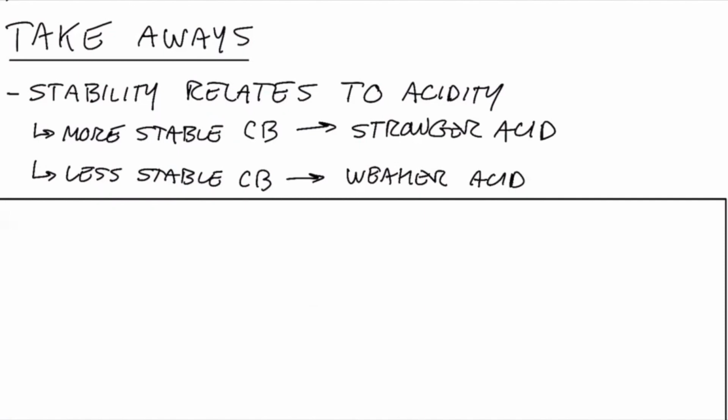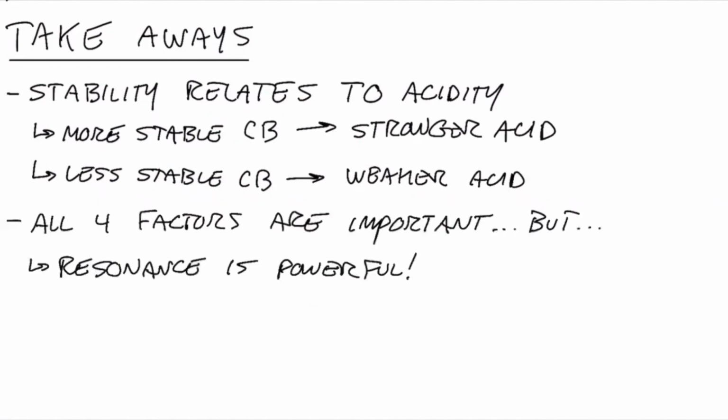The other takeaway that you should know is that all of these four factors are important. But that said, if you have a great ability to resonate, resonance is often going to be a dominating factor when it's present.